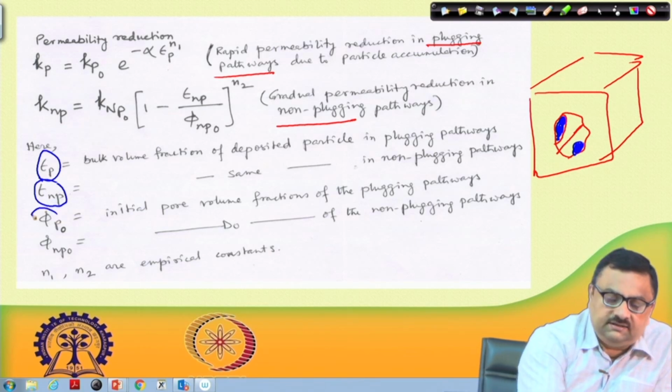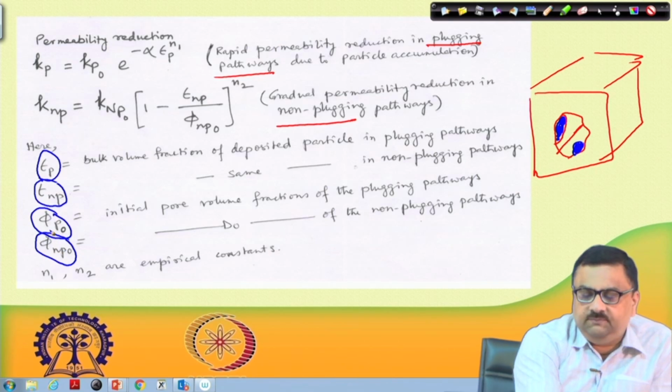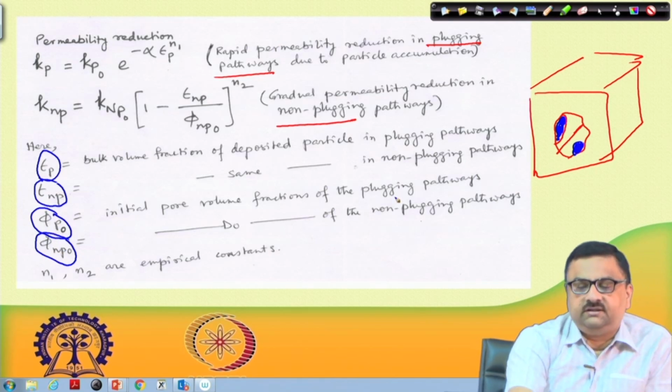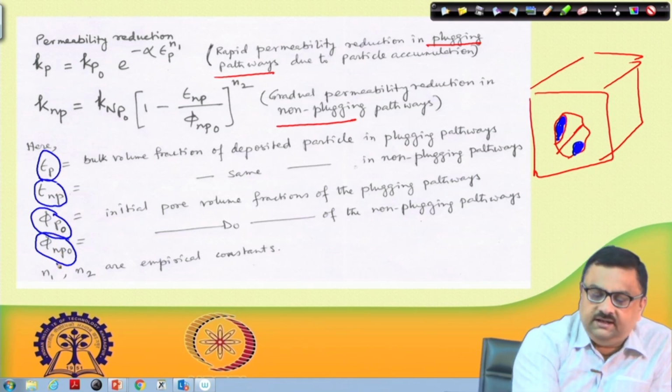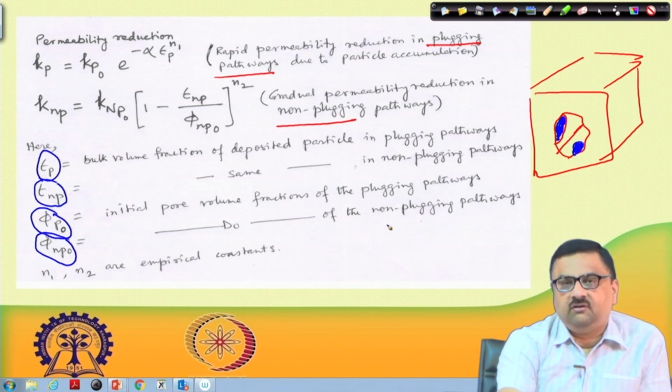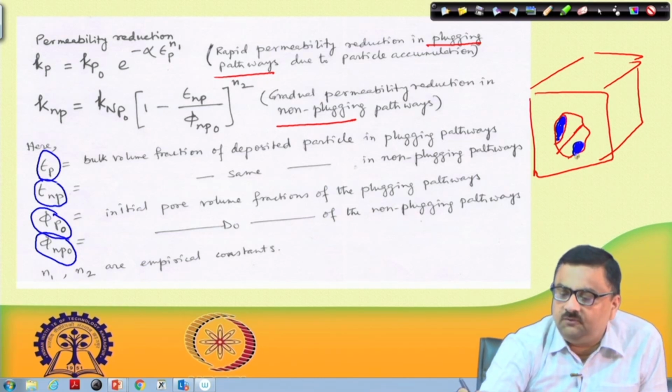And on the other hand, these phi PO and phi NPO, phi PO is the initial pore volume fraction of plugging pathways, and phi NPO is the initial pore volume fraction of the non-plugging pathways. That means, total pore volume, out of that there is a red line.